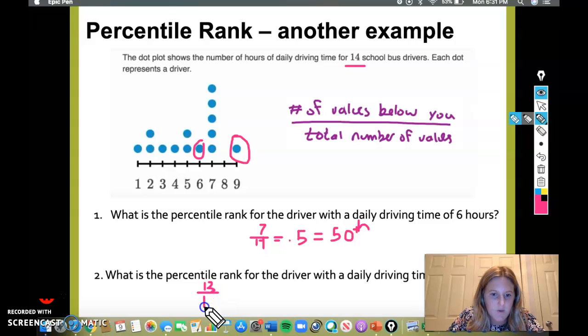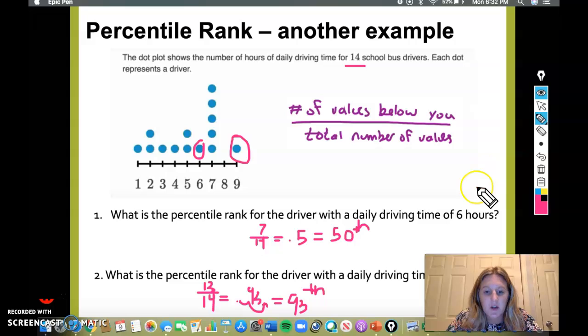So 13 out of 14, when I divide that out, I'm going to get like 0.93. And I multiply that by 100, which gives me the 93rd percentile for this person driving for 9 hours.